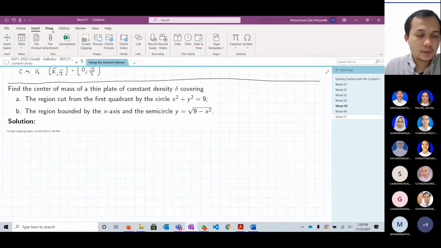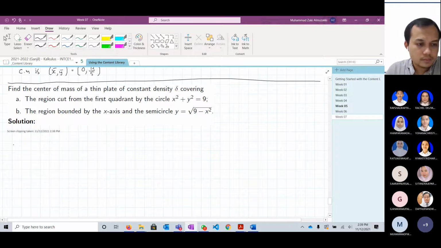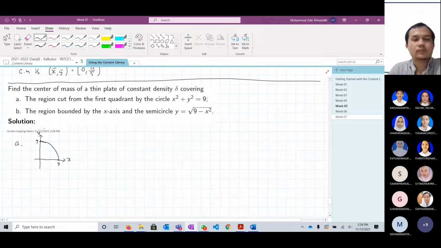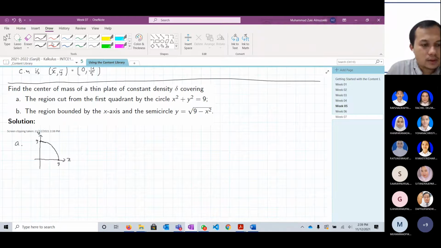So now we answer for A first. If we draw the plate, this is x, this is y, we have this circle on the first quadrant. Yeah, it's a quarter circle basically of radius 9. What we find is a center of mass somewhere here.